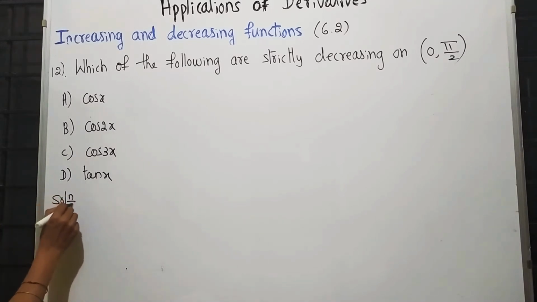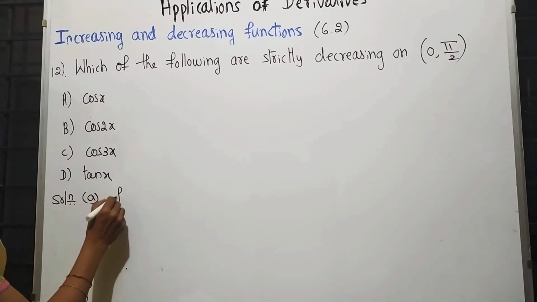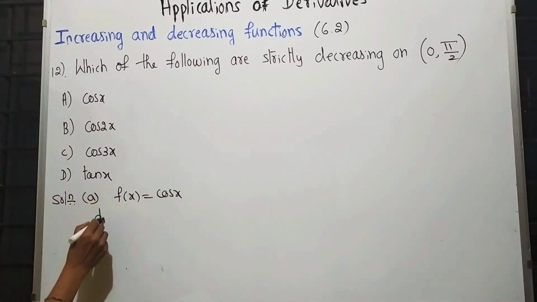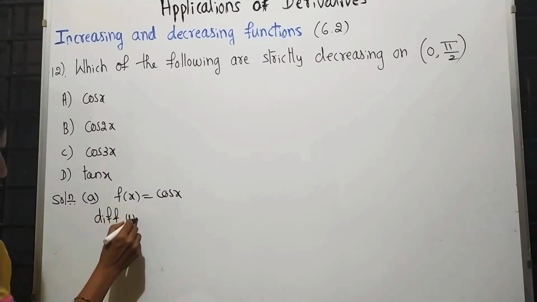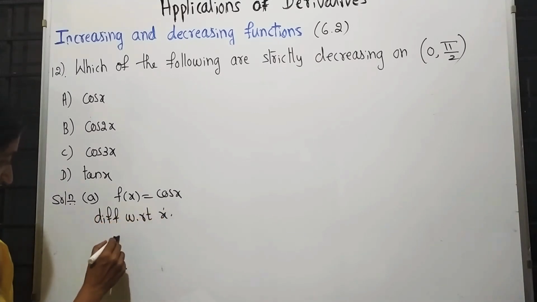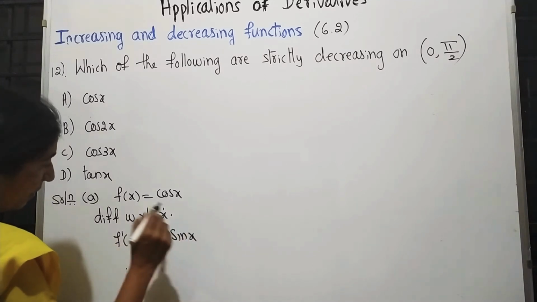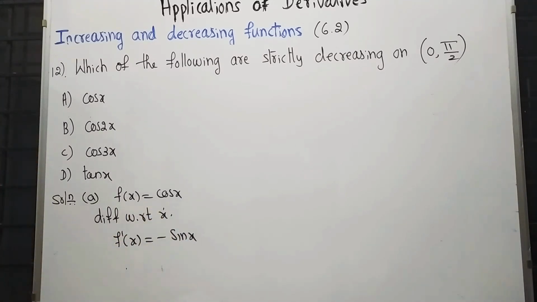In the solution, first A, f of x is equal to cos x. Differentiating with respect to x, f dash of x is minus sin x, and we have to check it for the interval 0 comma pi by 2. See, 0 comma pi by 2 is what? First quadrant. In the first quadrant, sin is positive. Already we have a minus. Minus into plus is minus.